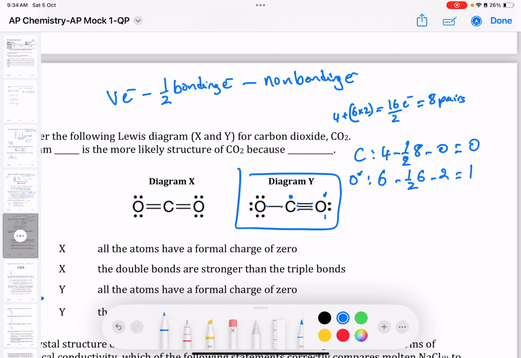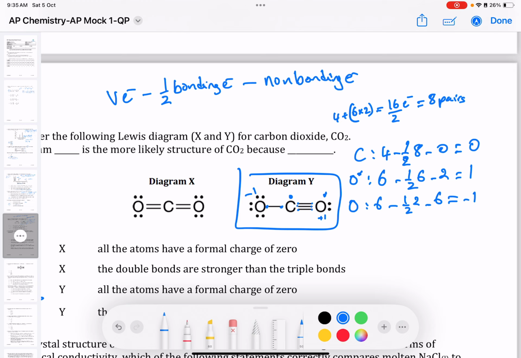So this oxygen has a formal charge of 1. And the other oxygen, this one over here, has 6 valence minus half of 2 bonding electrons, minus 6 non-bonding. And that is equal to 6 minus 1, 5, minus 6, negative 1.